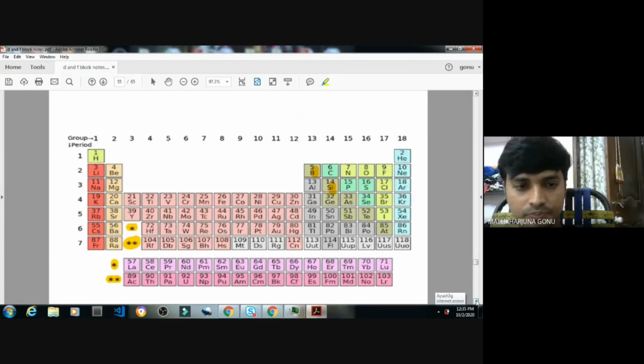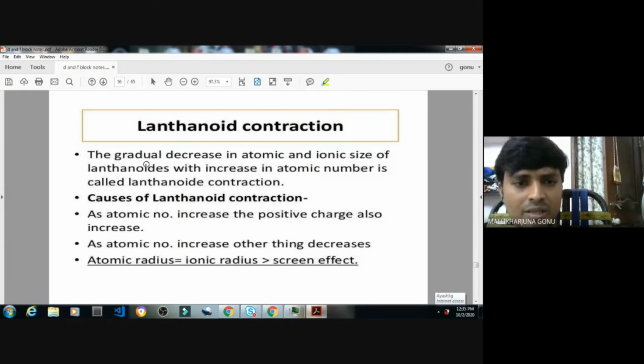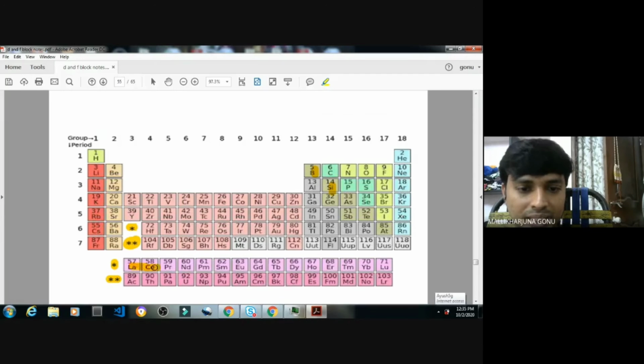Lanthanide contraction we have seen, very important for the examination. It is the gradual decrease in atomic and ionic size of lanthanides. The lanthanide sizes decrease gradually with increase in atomic number, which is called lanthanide contraction. Usually, if you go across the period, sizes decrease.